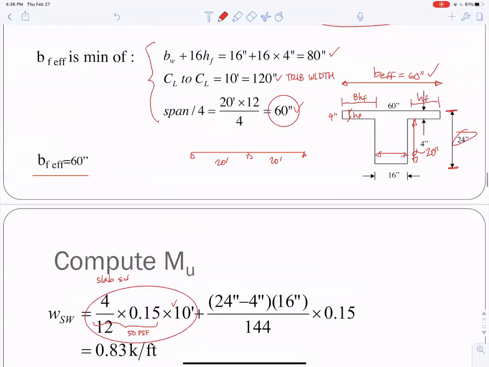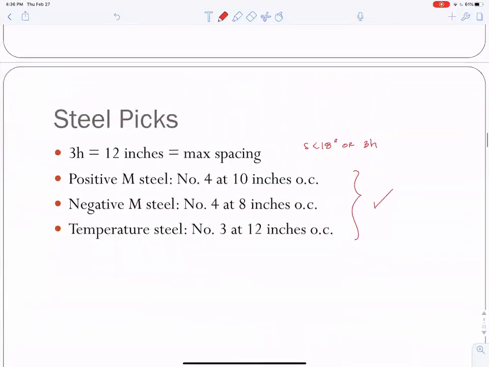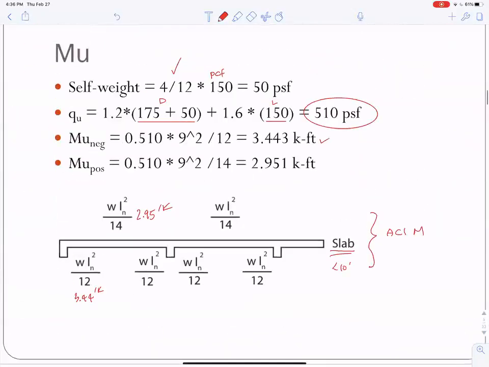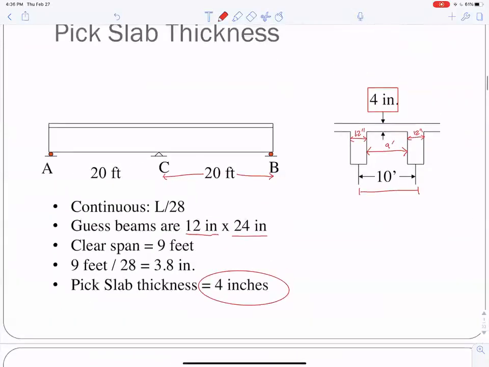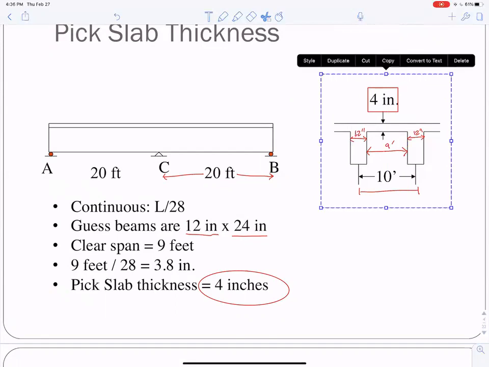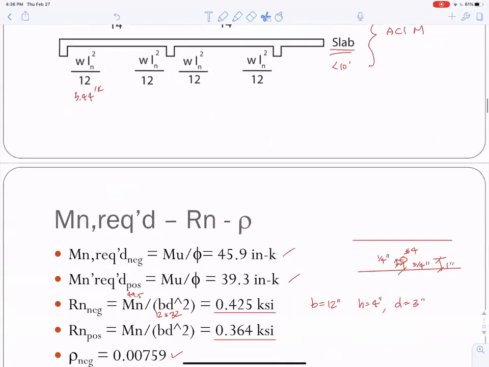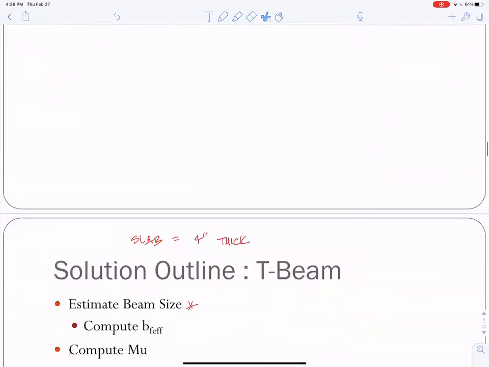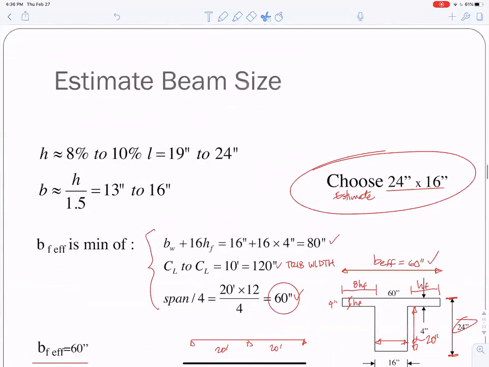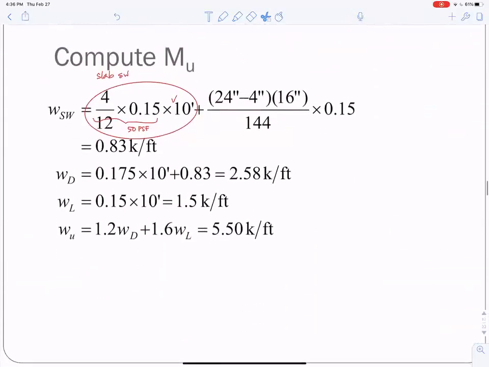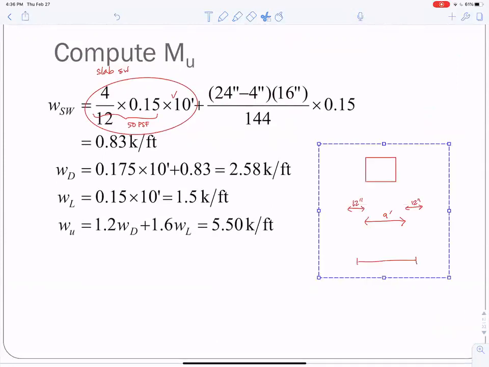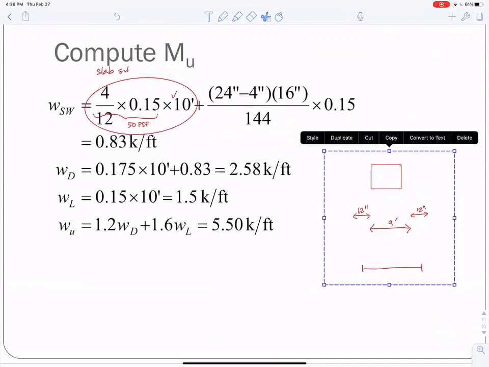Let me go get that picture. Here it is. Oh, didn't work out.